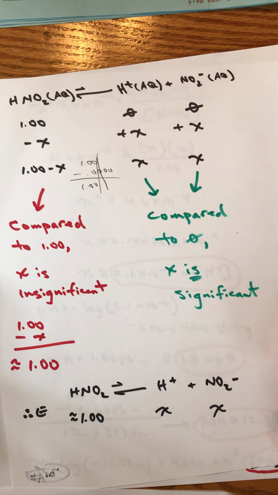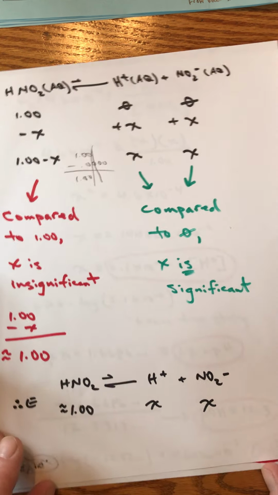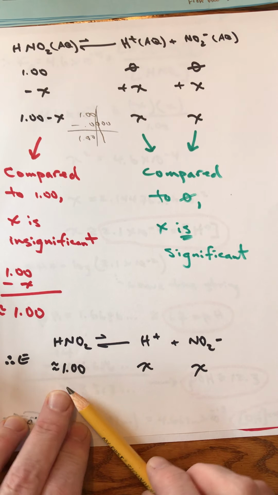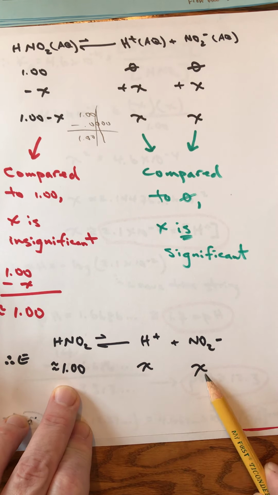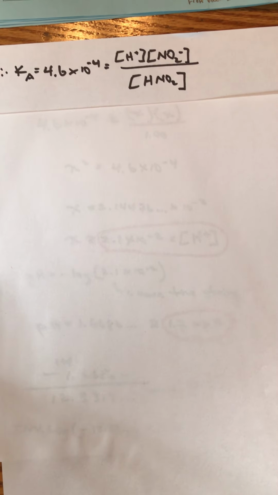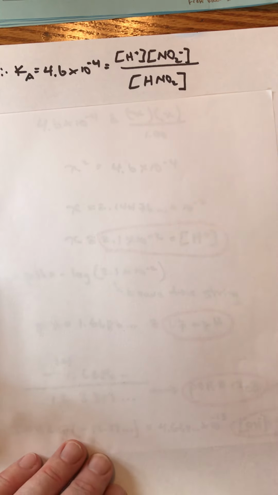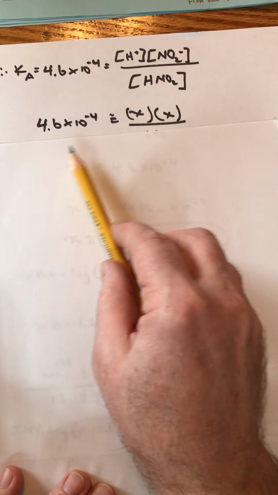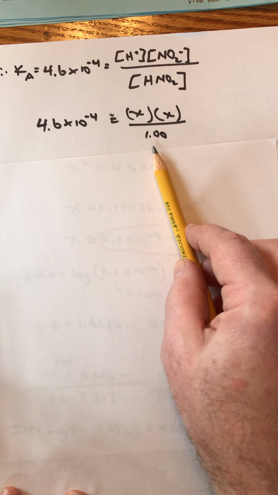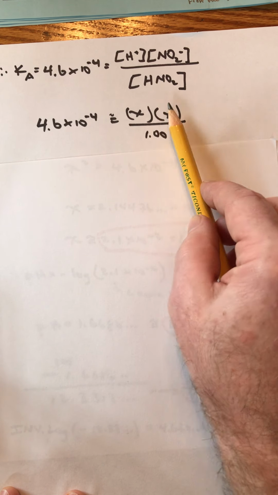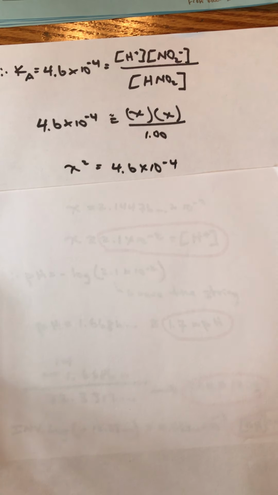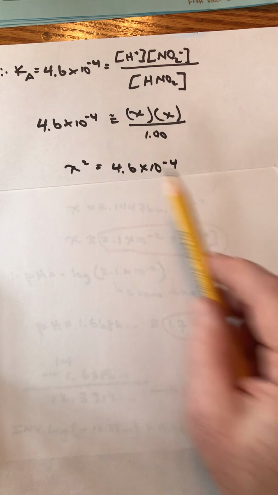Well, if I look at my equation again, I could say my equilibrium, if 1 minus x is pretty much 1, there's x, and there's x. So I could say Ka, which was 4.6 times 10 to the minus 4, that's H positive times NO2 minus over HNO2, that's x times x over 1. X squared, cross multiply, is equal to 4.6 times 10 to the minus 4.